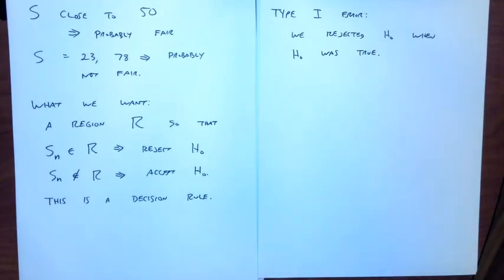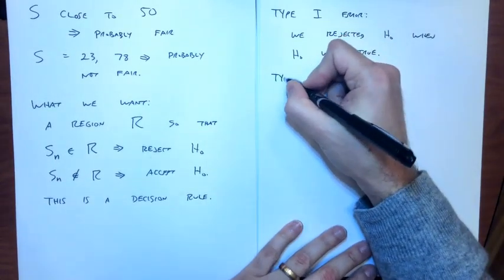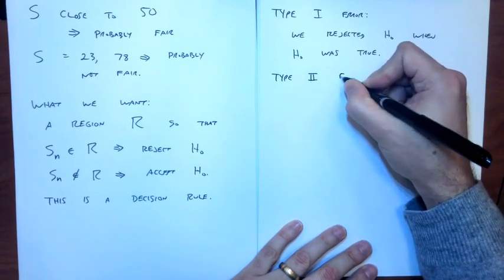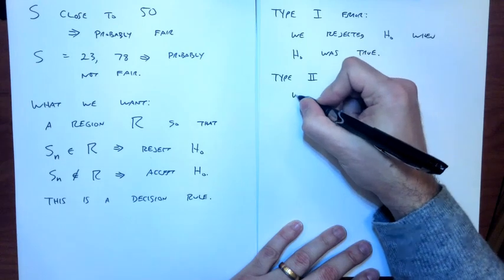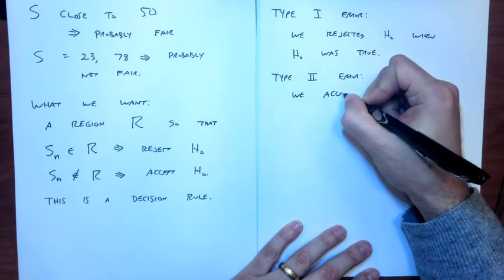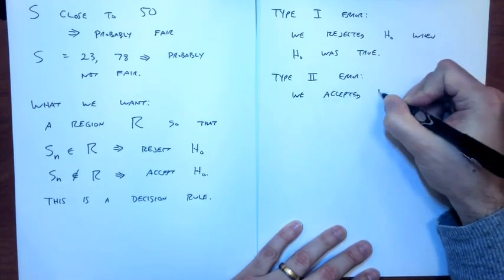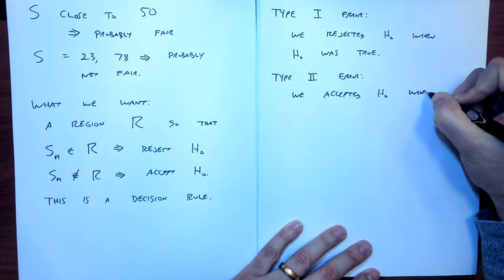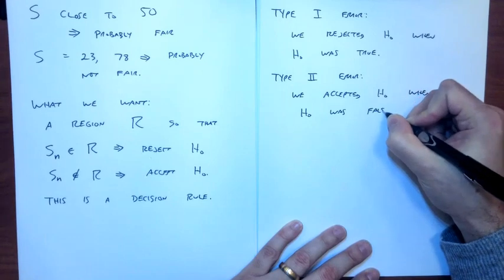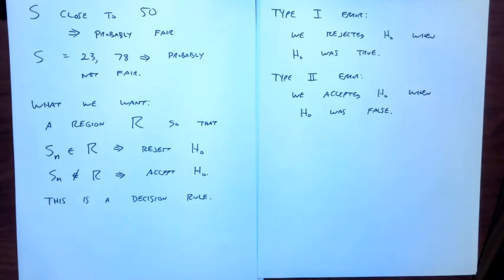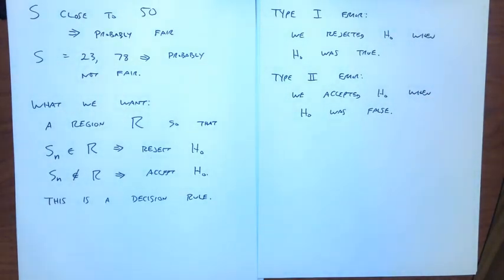And type 2 error is that we accepted the hypothesis H0 when H0 was false. These things could both be bad in different ways.